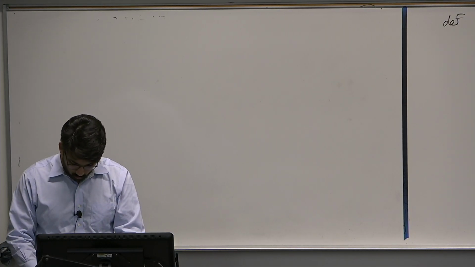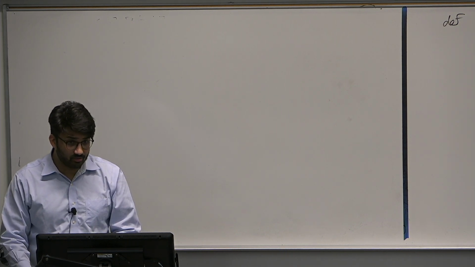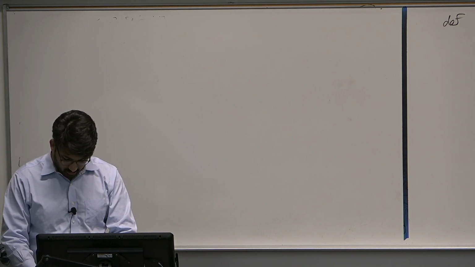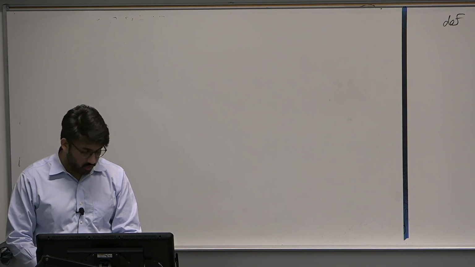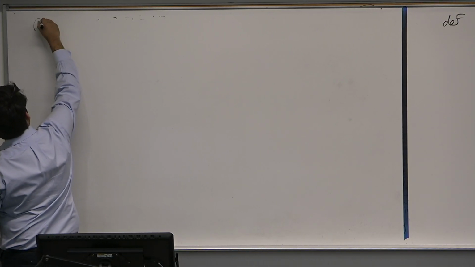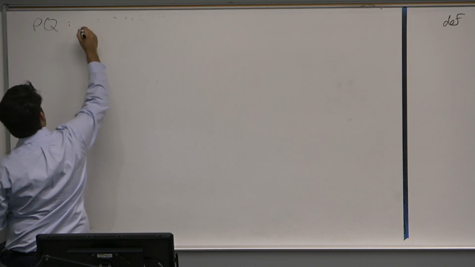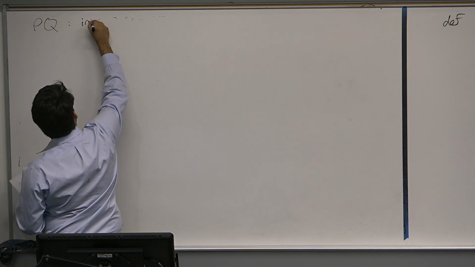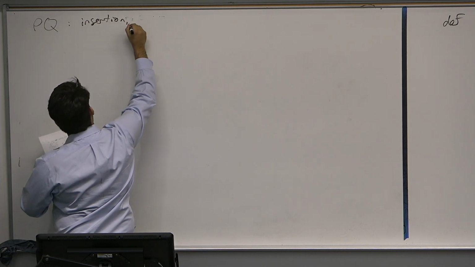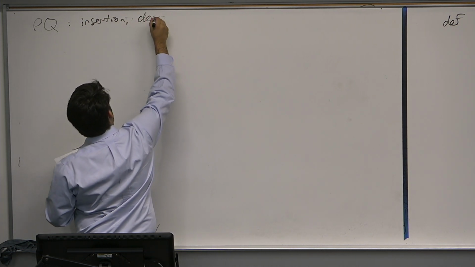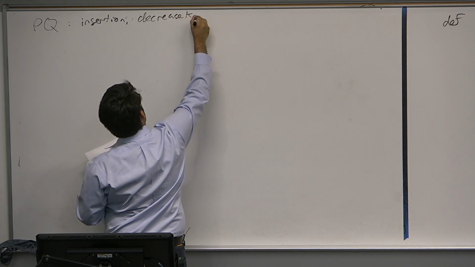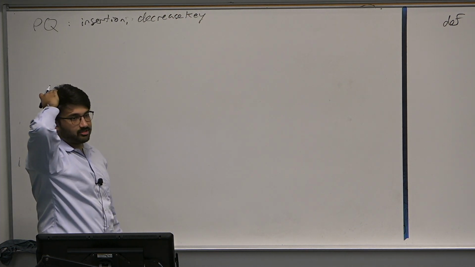So a priority queue, everyone remember what a priority queue does? Vaguely? Let's just talk about its basic operations. So the priority queue implementation, in a black box way, has the following operations. It has the ability of insertion. We can decrease a key, in the sense that there are items here that are keyed by certain values.